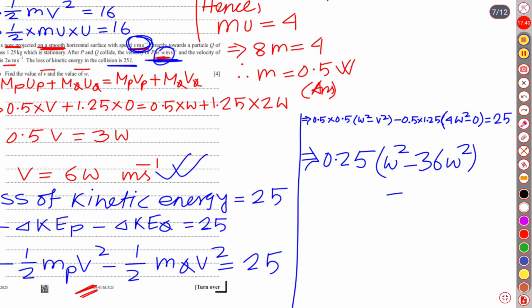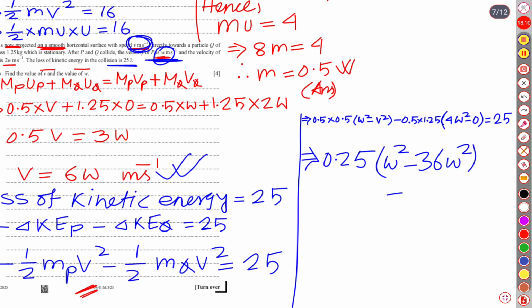Then if we multiply 0.5 by 1.25, it is going to be 0.625.